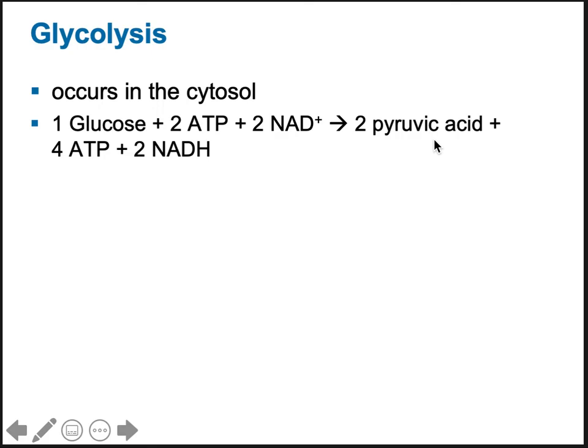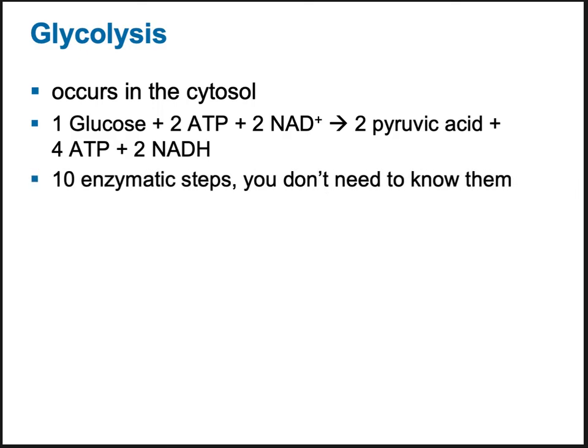Okay, there are actually many steps involved, 10 different enzymatic steps in order to get from glucose to pyruvic acid. Okay, I'm not asking you to memorize those individual steps. I'm asking you to memorize what goes in and what comes out.